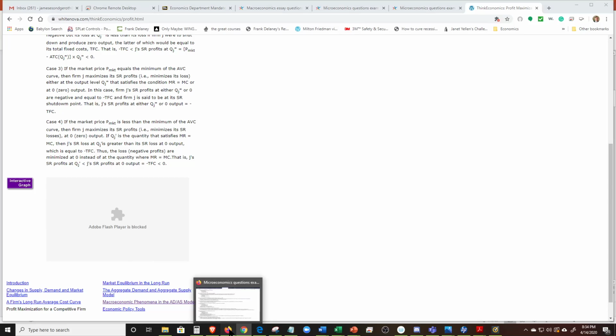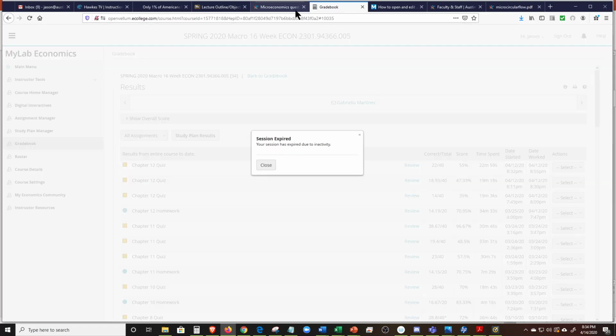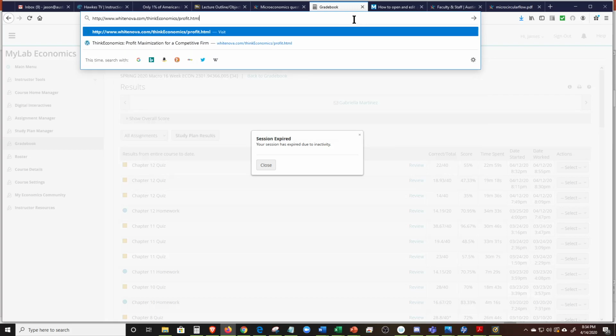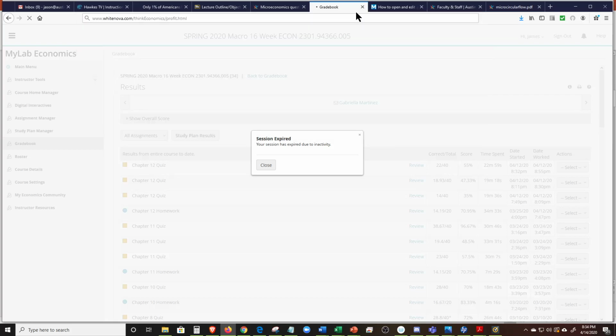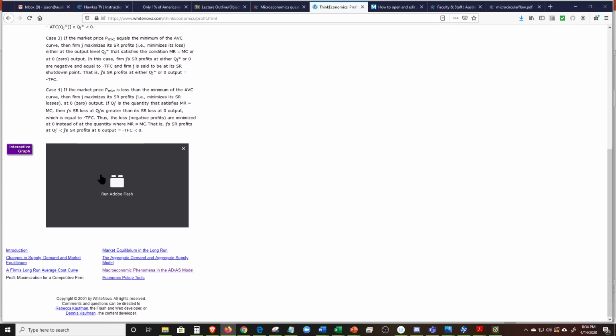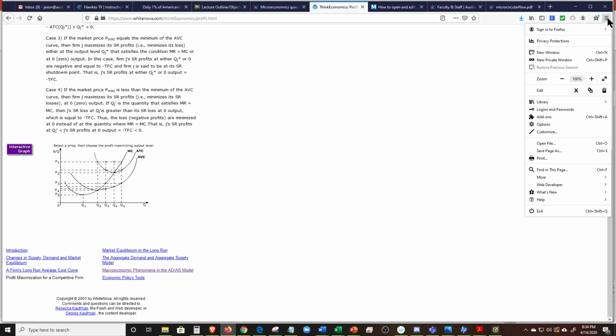Let's see if it'll play in Firefox. Great book for my distance learning. And there we go. Run Adobe. Oh, good. It'll run in Firefox. Do you want to allow? Yeah. Oh, good. Oh, boy, this is a little small. Let's see if we can't make it larger.